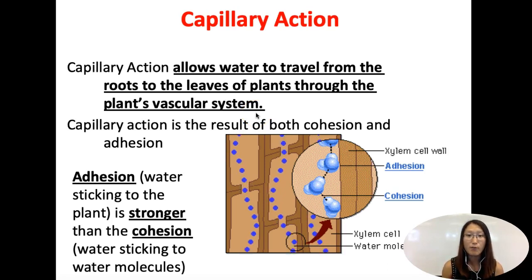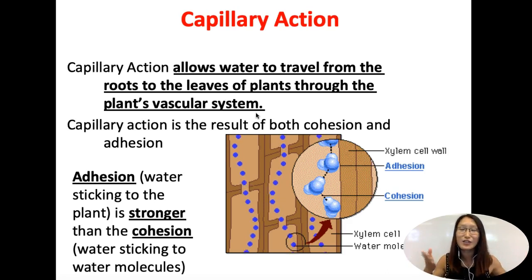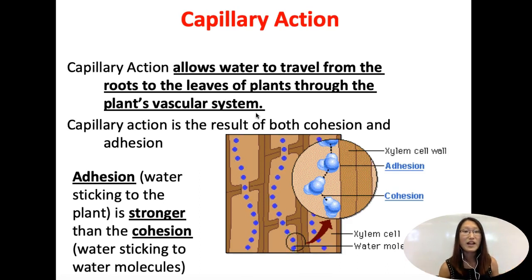This is a result of both cohesion and adhesion, because as water is pulling each other up, it's as if, let's say you hold someone's hand and there's also an entire chain of people holding hands. When you pull one person, everybody else is going to come along, right? So that's cohesion doing its job.